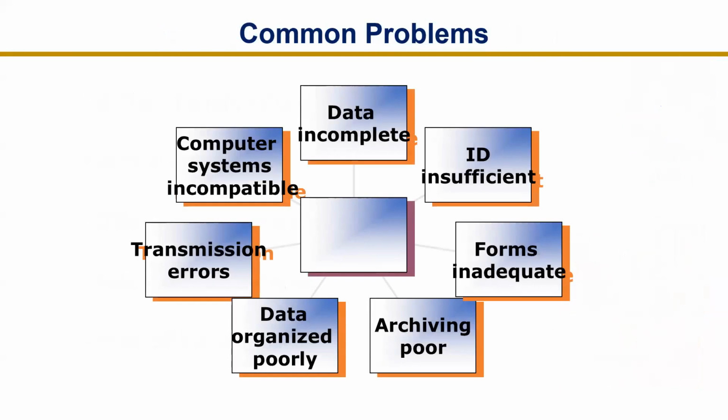So what are the common problems that we face and need to recognize when managing the information that we generate? When it comes to receiving requisition forms, one of the most common problems we face is incomplete data or incomplete information.